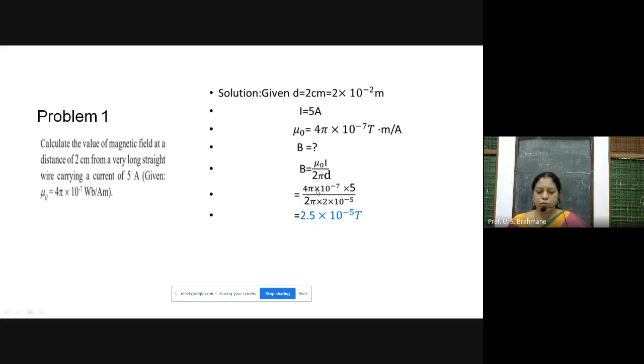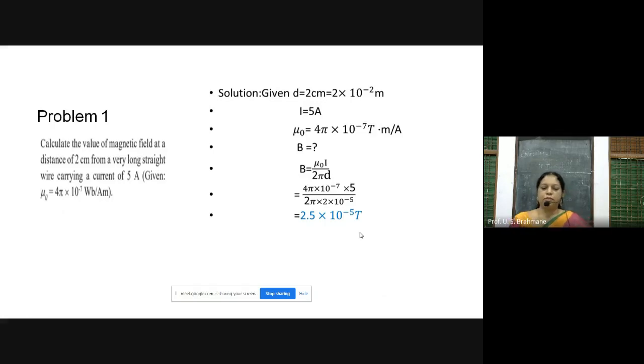So this is 4 pi into 10 raised to minus 7 into 5 divided by 2 pi into 2 into 10 raised to minus 2. That comes to about 2.5 into 10 raised to minus 5 Tesla. So this is the answer. Just go through it, or you can write it down in your notebooks, because it is very important.